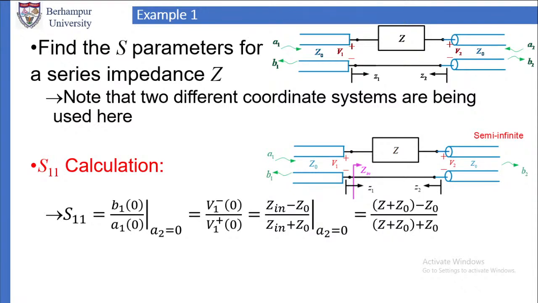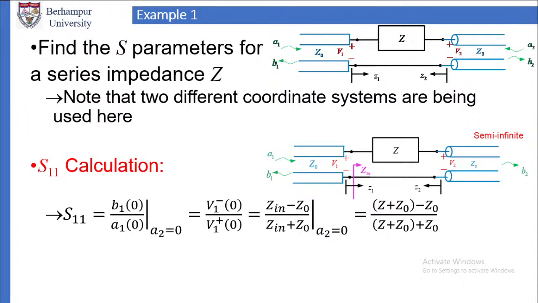And the input impedance, if you look into the impedance Z, then at that point, exactly at that point, the characteristic impedance is Z0. Then to that Z0 there is a series impedance Z. So Zin will be Z0 plus Z. So for Zin, let us put Z plus Z0. If you put Z plus Z0, in the numerator you will get Z plus Z0 minus Z0.